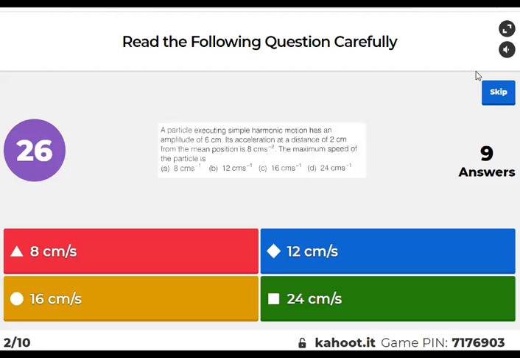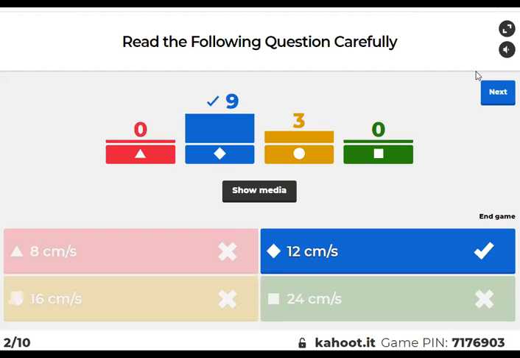Okay. No issues, Ria. You can just see the screen and then message in the chat box.